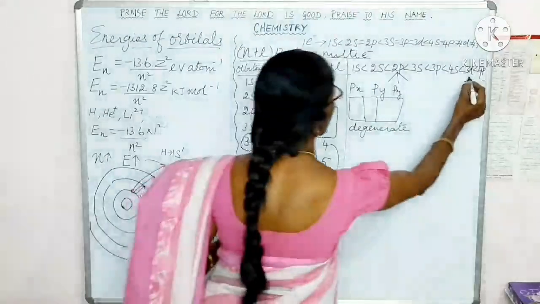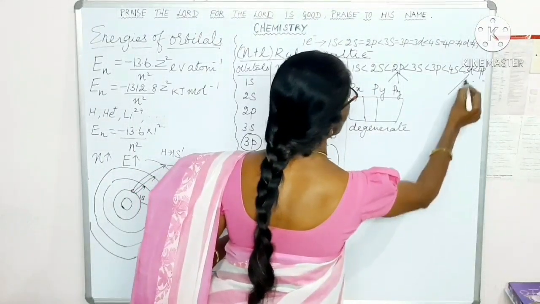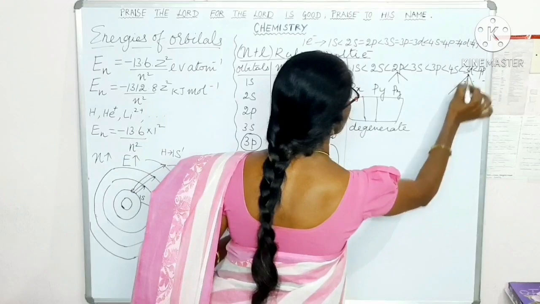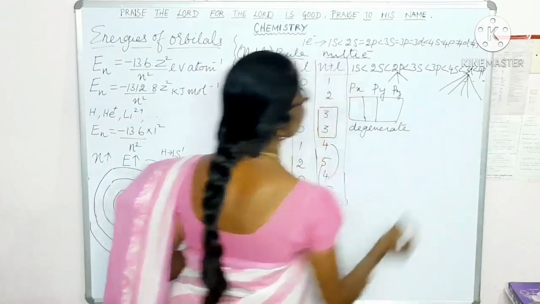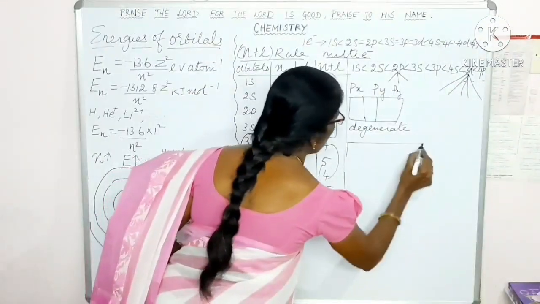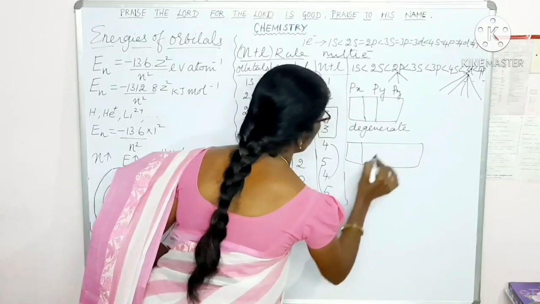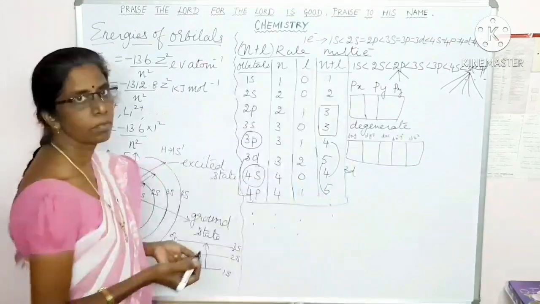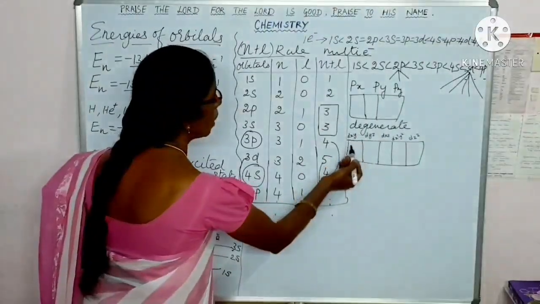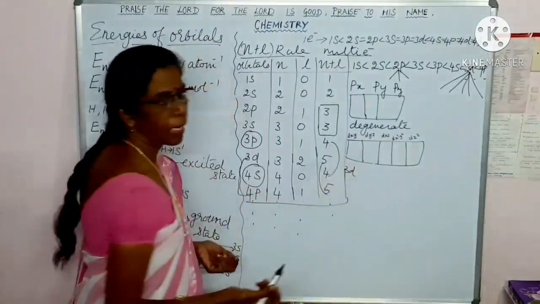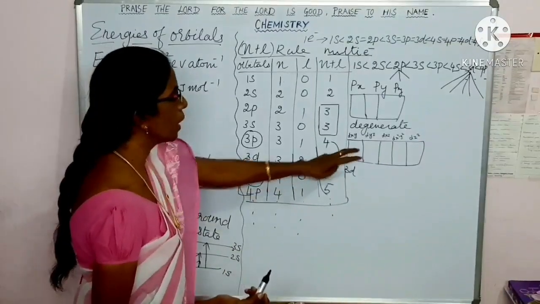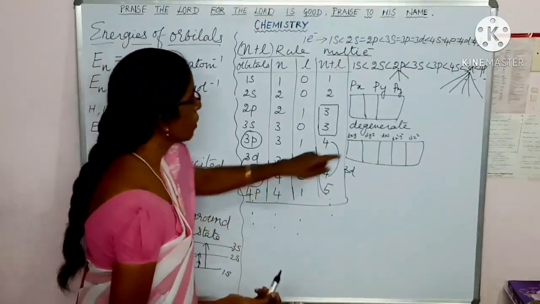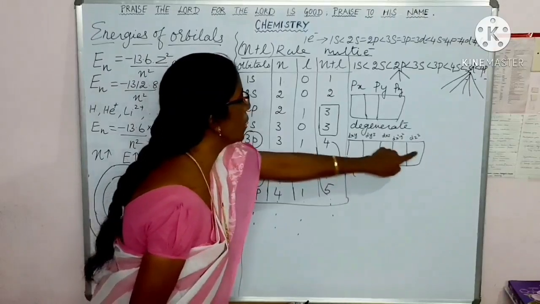The same thing can be written for d. d has 5 orientations. So in the case of d, d electrons are oriented in 5 different directions. So you have 5 orbitals for the d subshell.